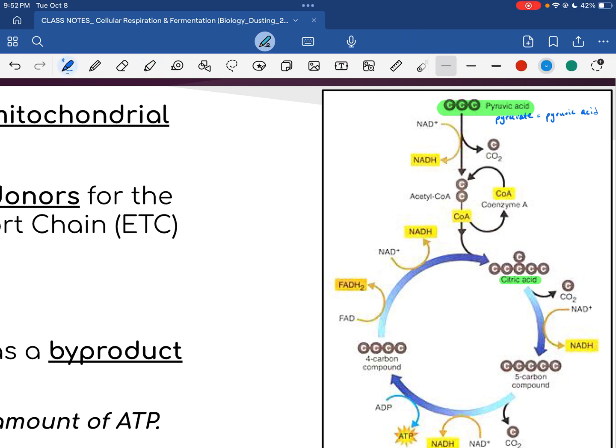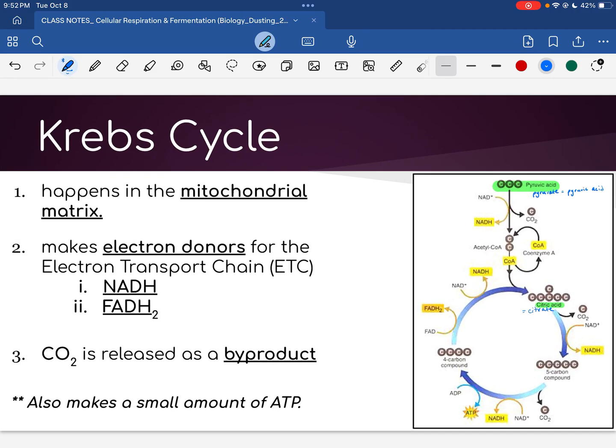Citric acid is also called citrate. You can see both of those names are used sometimes.